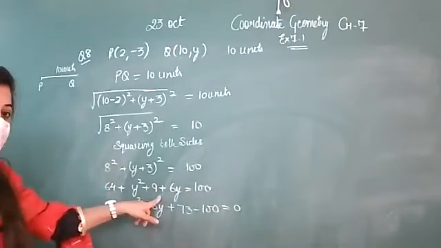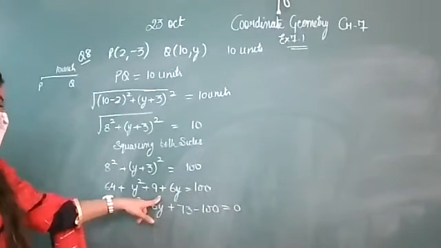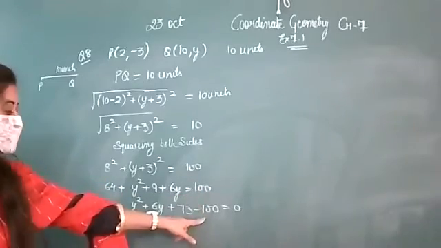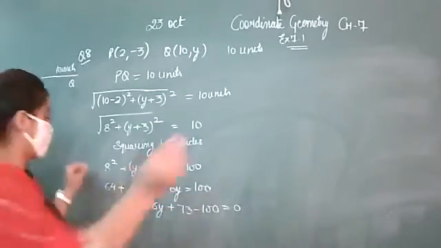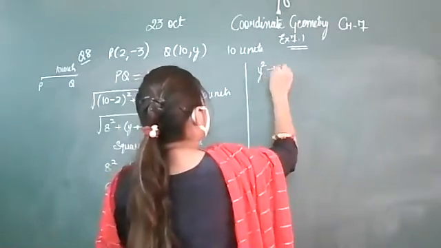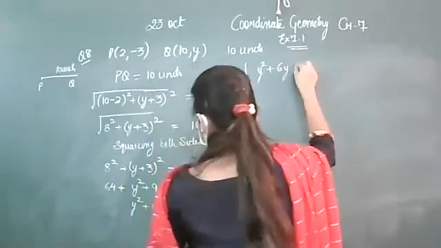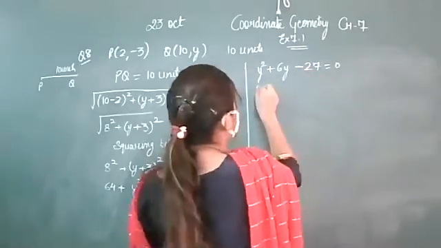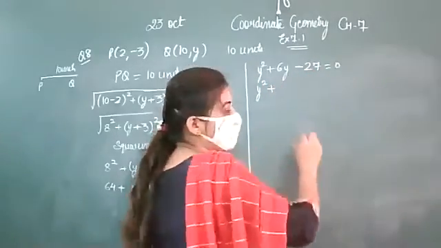I have added these two terms because they are constant. 73 and this 100, when you take it on this side, you will make it negative. So when you solve this, what you are left with? y square plus 6y minus 27 equal to 0. Now factorize this by the middle term splitting method.